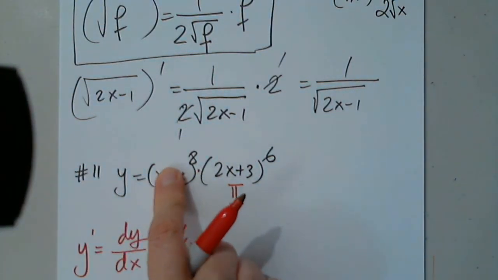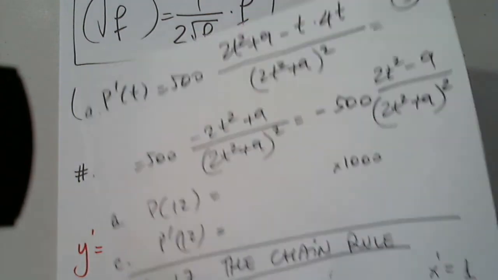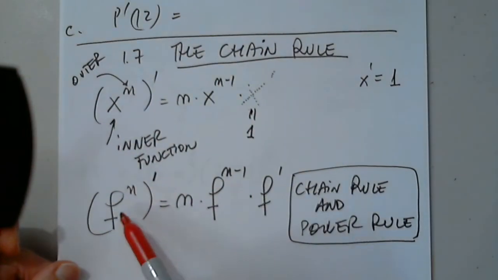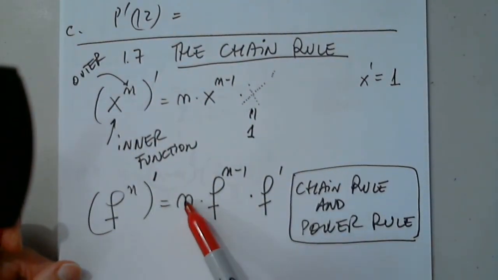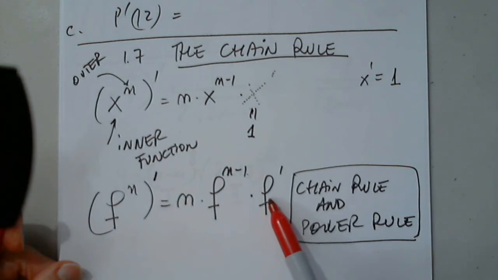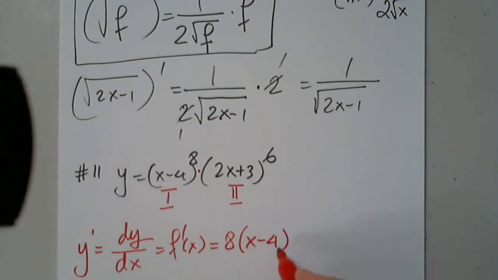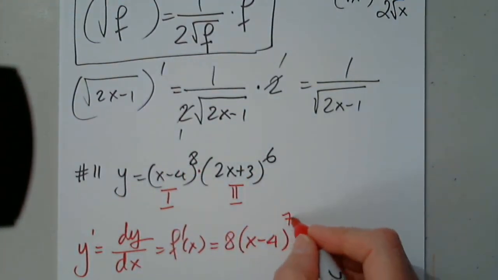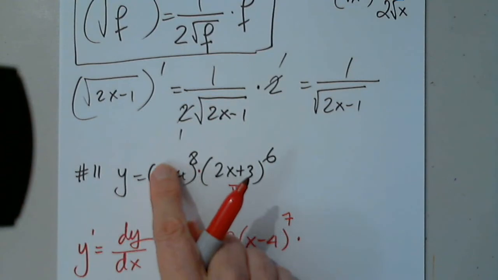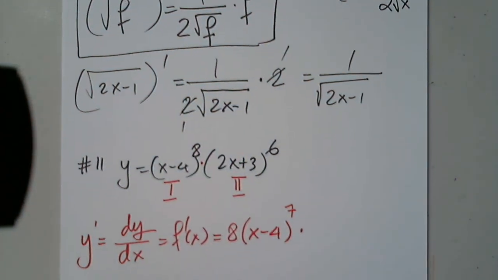When I differentiate a function to the 8th power, a function raised to the 8th power will be 8, the function to 8 minus 1, times the inner function prime. So how do we write this? 8, x minus 4 to 8 minus 1, and times the inner function prime. What is the inner function prime?